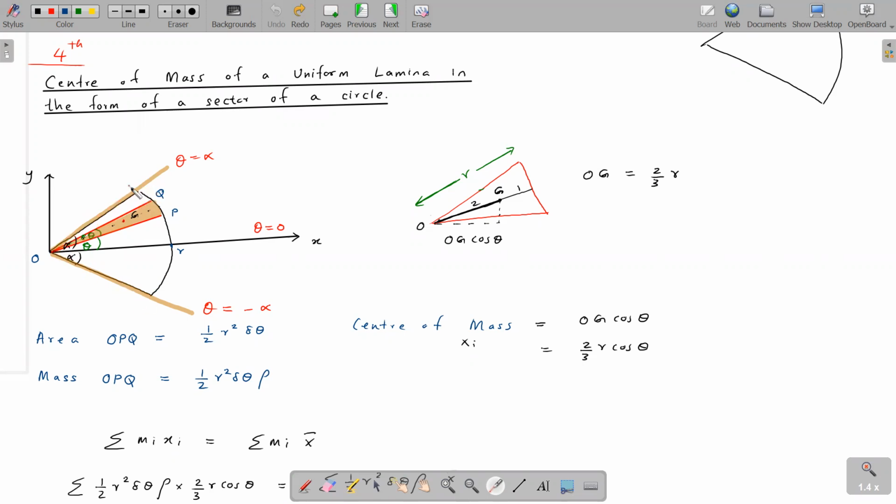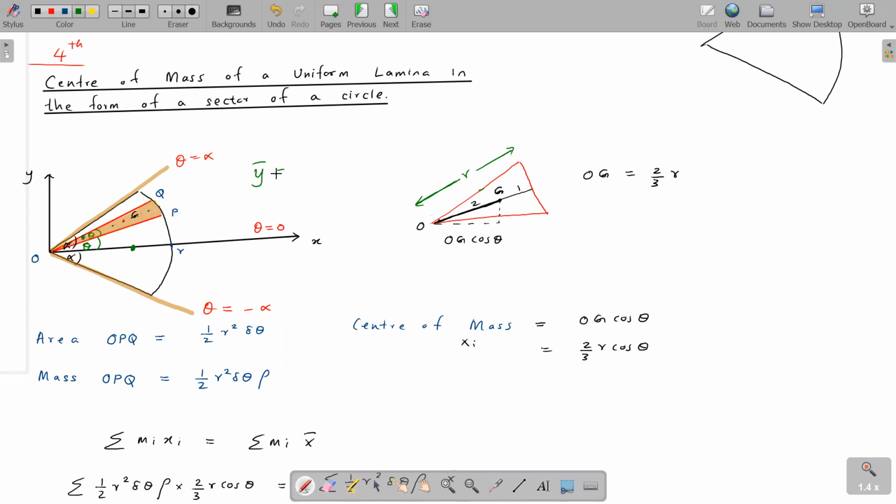The sector has a line of symmetry, which means the center of mass is always going to be on the line of symmetry, so you only need to find one coordinate. For example, since this x-axis is a line of symmetry, your y bar is going to be 0.